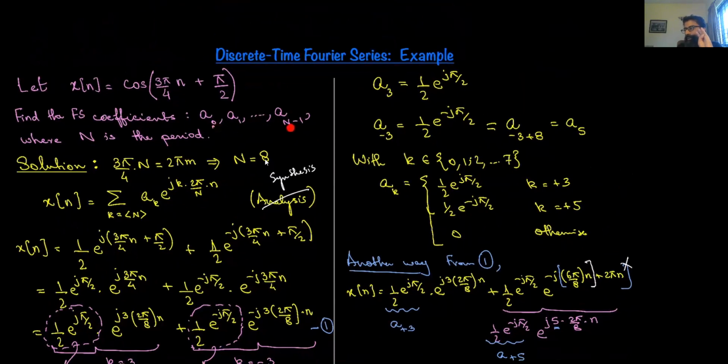So these are the 8 Fourier series coefficients I need to determine, with the implicit understanding that outside this interval they always repeat. Okay? So within this interval from 0 to 7, a3 is half e raised to j pi by 2, a5 is half e raised to minus j pi by 2, and that's it. Outside it they repeat. That's an implicit statement.